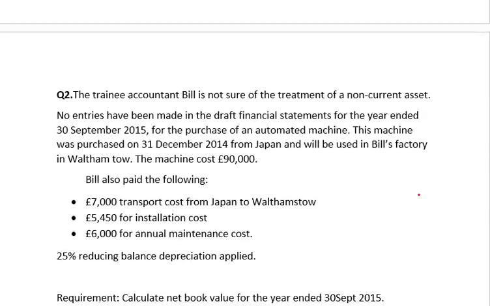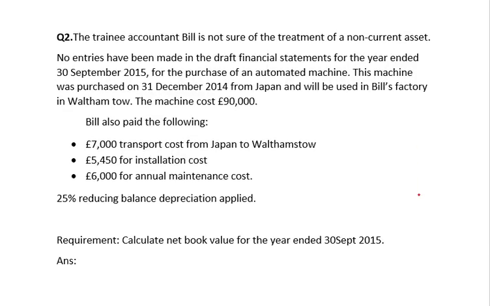Let's move a little bit down. We have another big question, question number 2. The trainee accountant Bill is not sure of the treatment of a non-current asset. No entries have been made in the draft financial statements for the year ended 30th September 2015. Year end is always important, as I tell you in every video. The purchase of an automated machine, they did not keep any record of this machine.